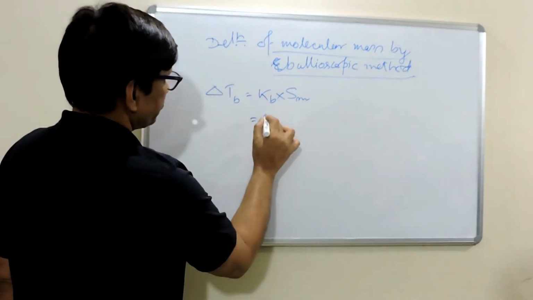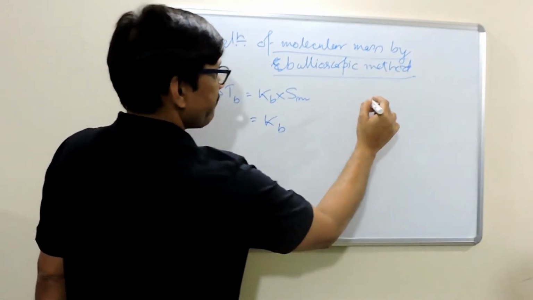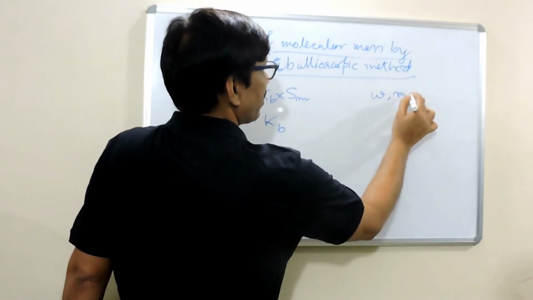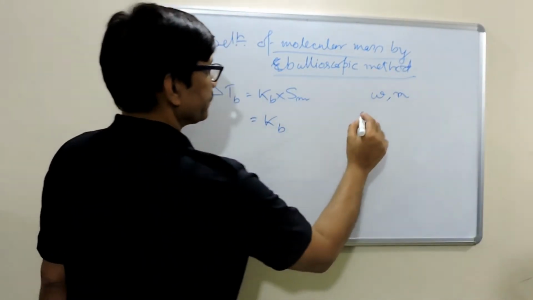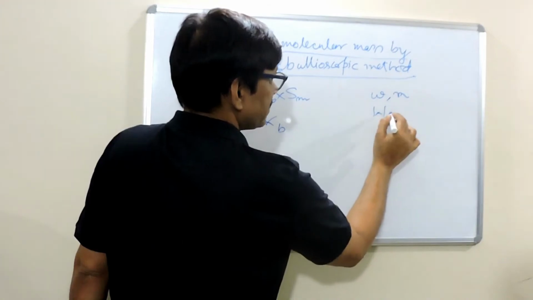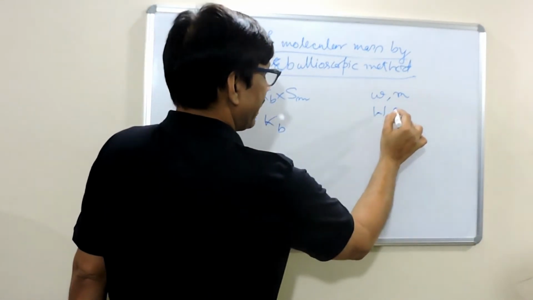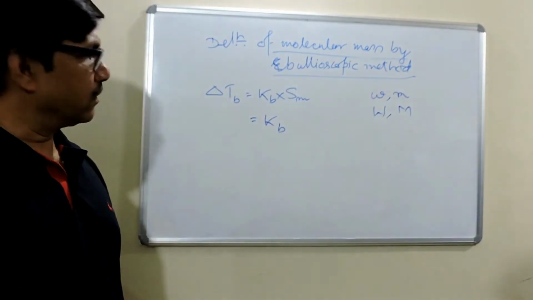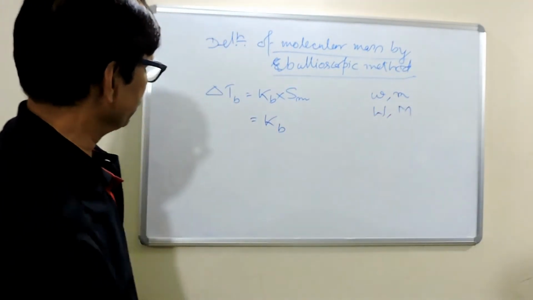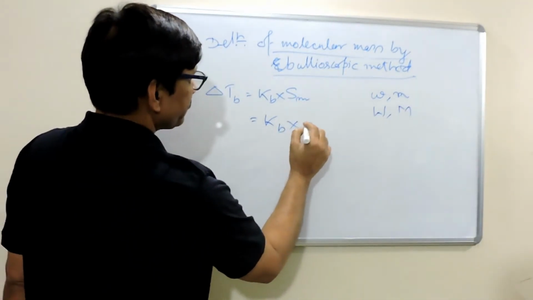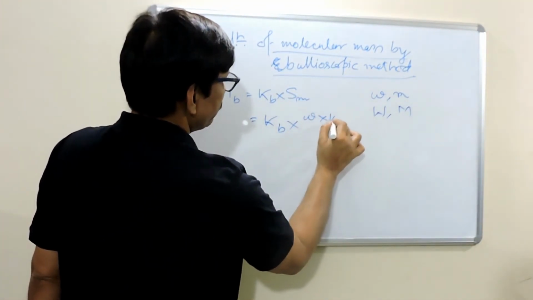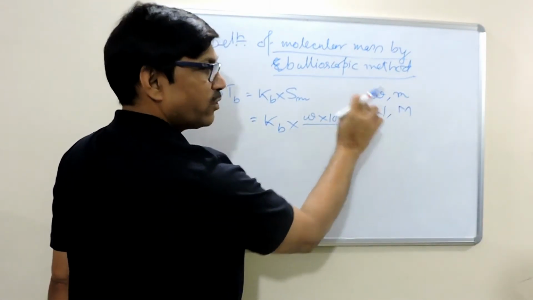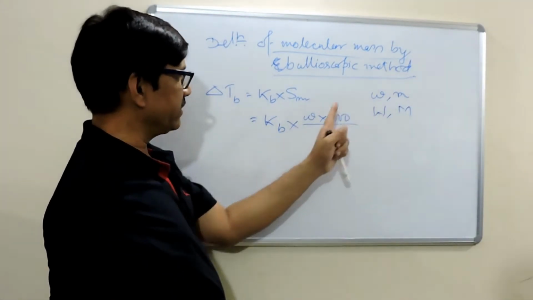Now, like that day I had given you, small w is the mass of the solute, small m is the molecular mass of the solute, capital W is the mass of the solvent, and capital M is the molecular mass of the solvent. Then molality will be w into 1000 divided by m into W. Keep in mind this 1000 will be only when this W we are taking in gram. If we are taking in kg, then this 1000 will not be there.